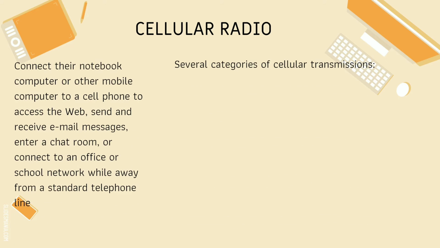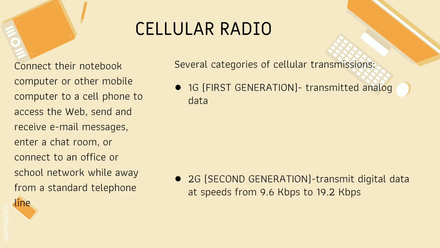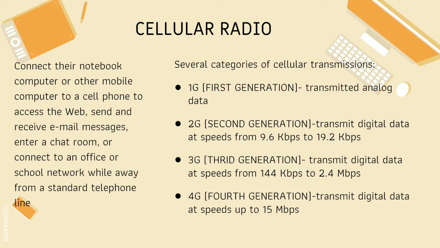Users can also connect their notebooks, computers, or other mobile computers to a cell phone to access the web, send or receive email messages, enter chat rooms, or connect to a network. There are several categories, which are 1G, 2G, 3G, and 4G.